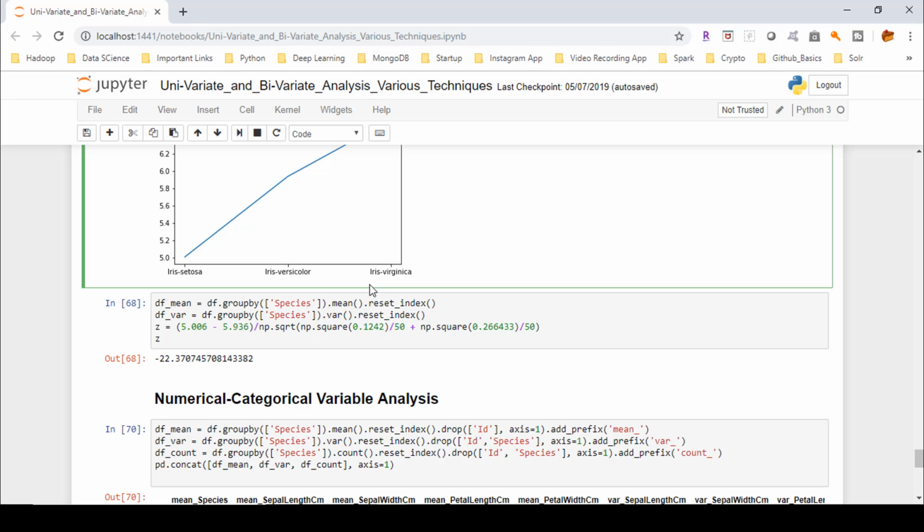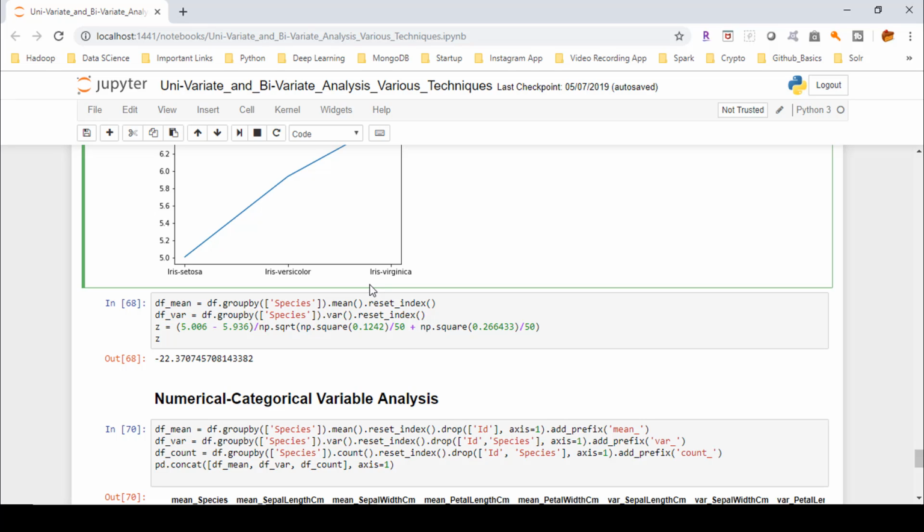Let's move on to the z-test and t-test, which are essentially the same with a subtle difference. They both basically assess whether the average or mean of two groups are statistically different from each other. This kind of analysis is appropriate for comparing the averages of numerical variables for two categories of a categorical variable.